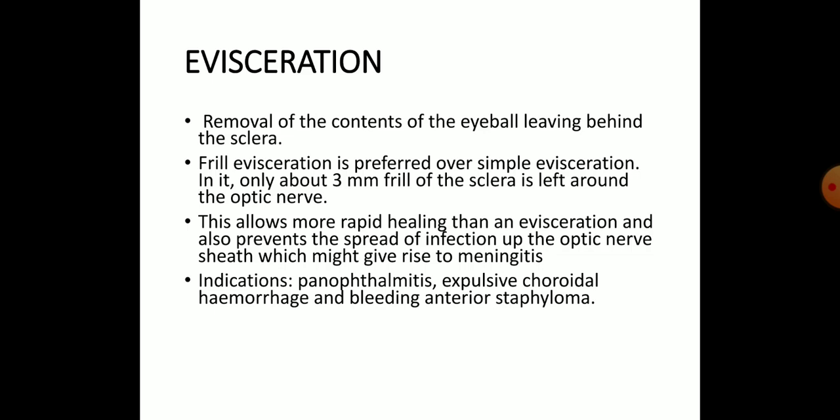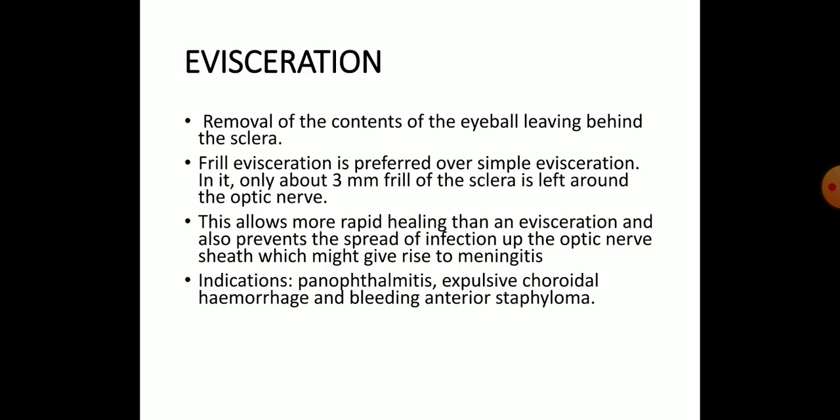Frill evisceration is performed. So a 3 millimeter frill of the sclera is left around the optic nerve. So more healing than an evisceration. It also prevents the spread of infection up to the optic nerve, which might give rise to meningitis. So you will do this in expulsive choroidal hemorrhage, panophthalmitis, bleeding anterior staphyloma.